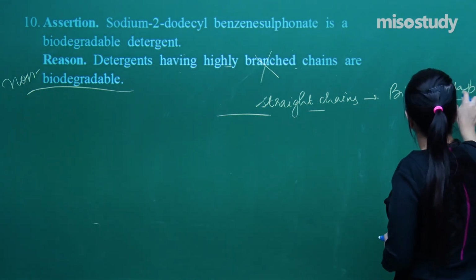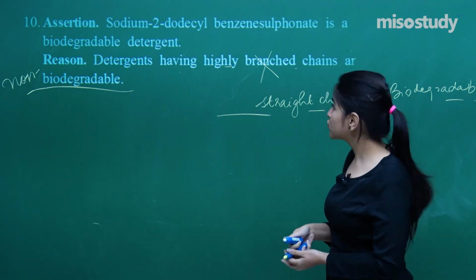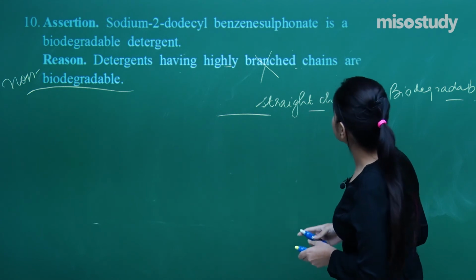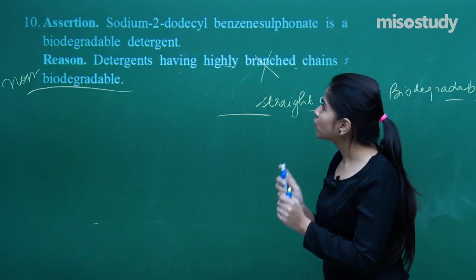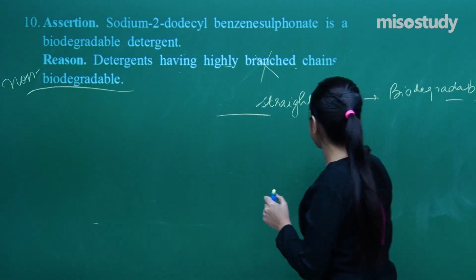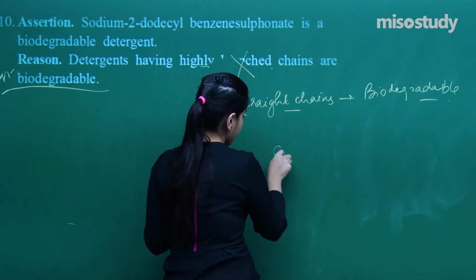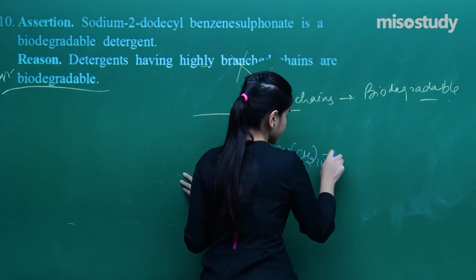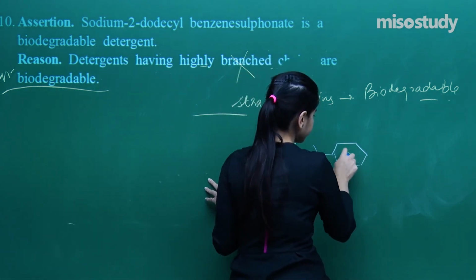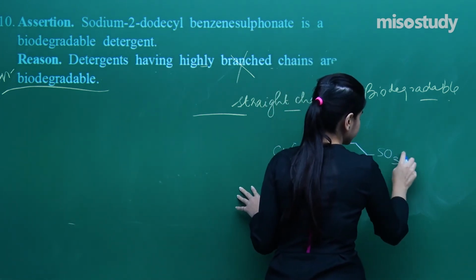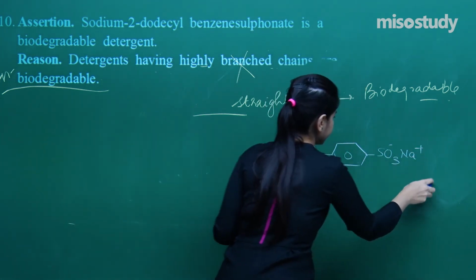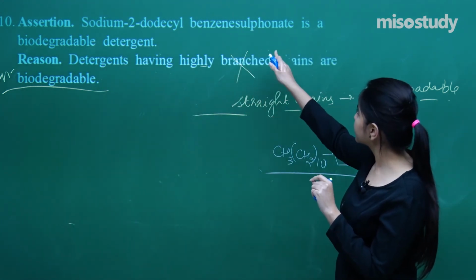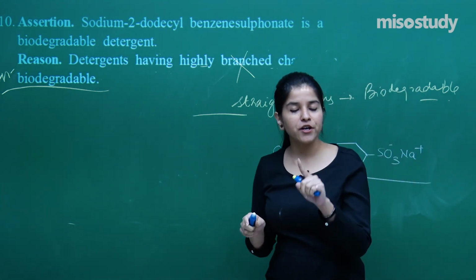So from this concept we come to statement number 1, the assertion: sodium 2-dodecylbenzene sulfonate. So what is sodium 2-dodecylbenzene sulfonate? It is this. And they are saying it is a biodegradable detergent.